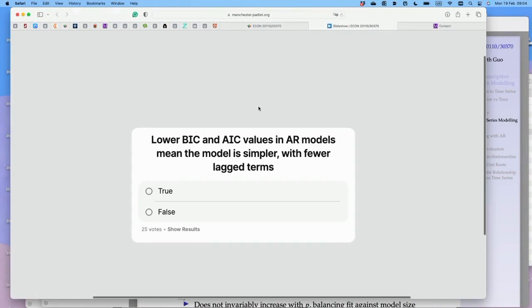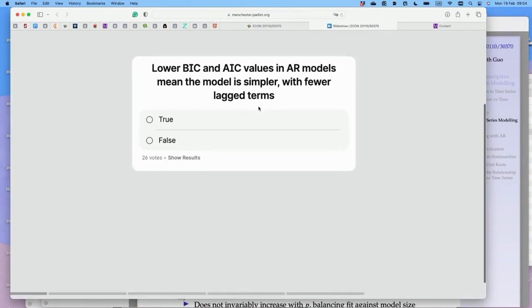Now, let's look at the first one together. So last week, we basically talked about model selection methods in choosing the optimal order for the AR model. And we looked at AIC, BIC, and stepwise procedure to find this optimal order.